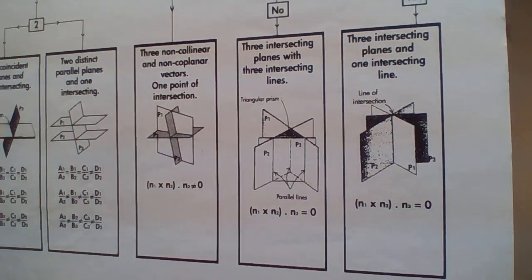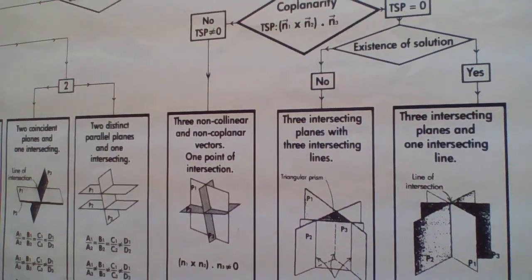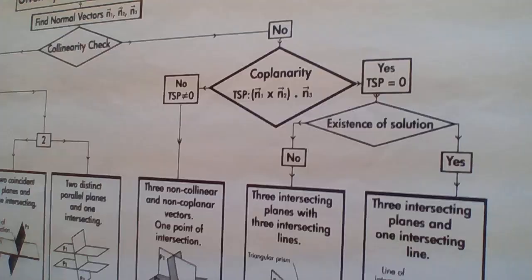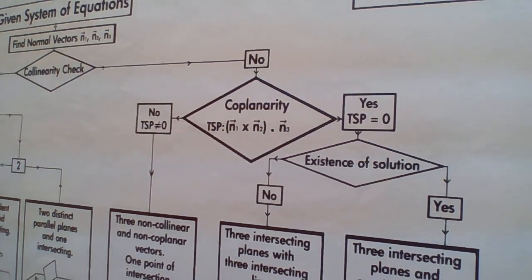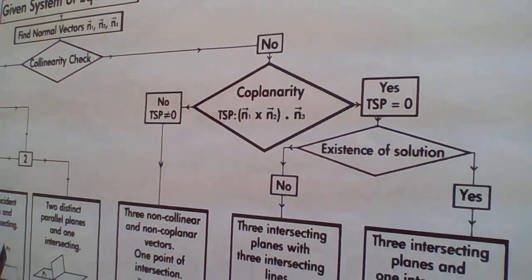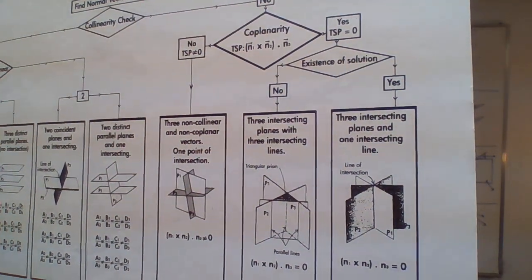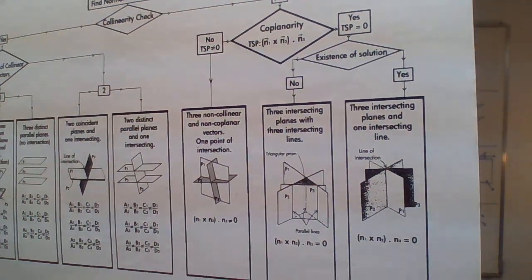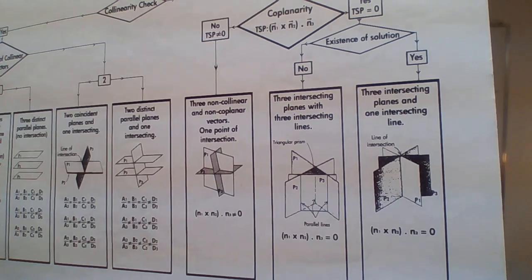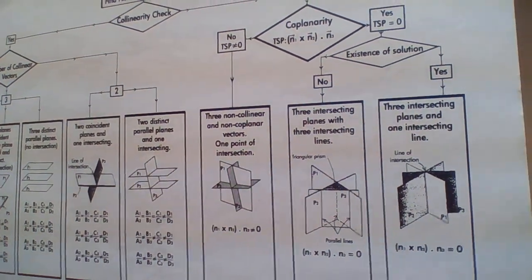So in order to distinguish between these two, of course, we have to check the existence of a solution. If the system of equations has a solution, then that will be the textbook scenario where all three planes are intersecting at one line of intersection. Otherwise, it will be the triangular prism scenario.